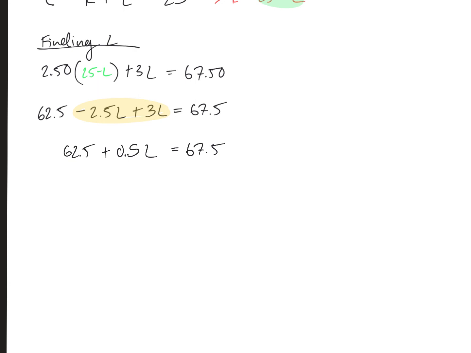And then we're going to subtract the 62.5 from both sides. So you have 67.5 minus the 62.5, and that is 5. And lastly, let's divide by 0.5. So 5 divided by 0.5 is 10. Awesome. L is 10.